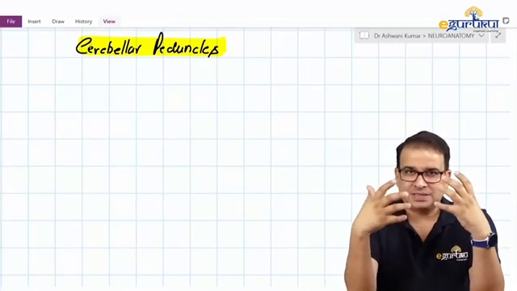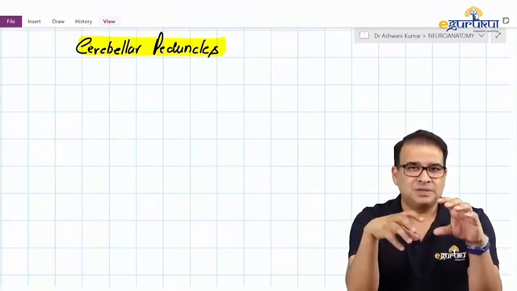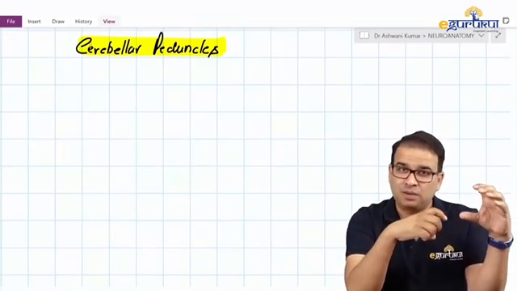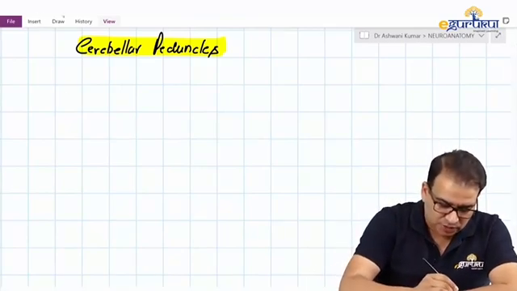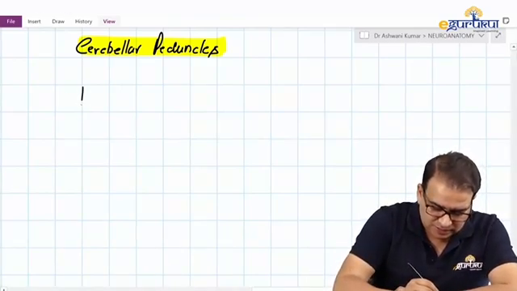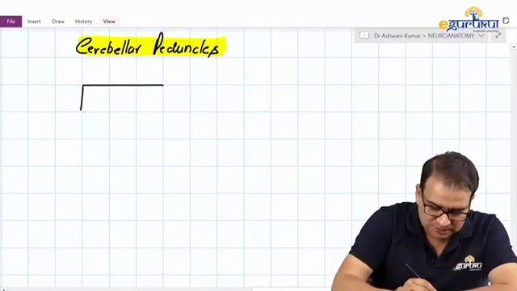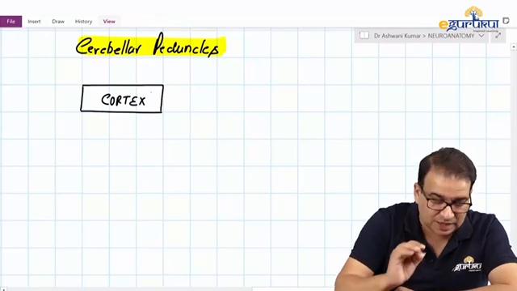Time to put whatever we discussed on a diagram, and that will help us understand the major tracts, if not all, major tracts from the cerebellar peduncle. Okay. So guys, let us say this here is the cerebral cortex. Cerebral, I'm saying cerebrum first. Cerebral cortex.